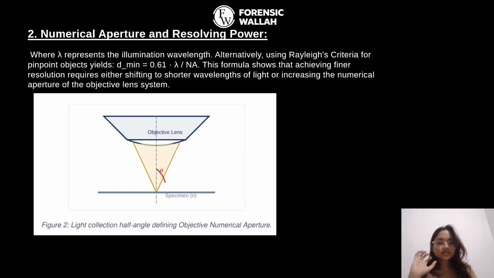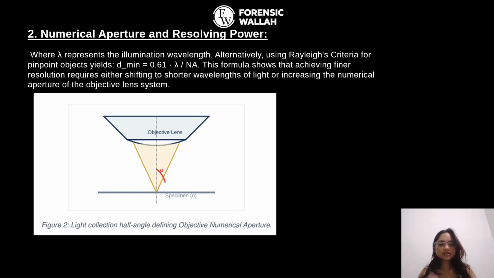Now, to quantify this resolution limit, we'll look at the d minimum, which represents the minimum physical distance required between 2 points for them to be resolved as separate objects. If two details are closer together than d minimum, they will blur into a single spot.